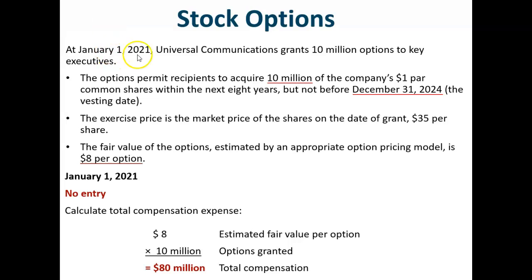The options were granted on January 1st, 2021, and they vest on December 31st, 2024. So we need to count 21, 22, 23, and 24 for a 4-year vesting period, and we will recognize this $80 million of compensation over the 4-year vesting period.